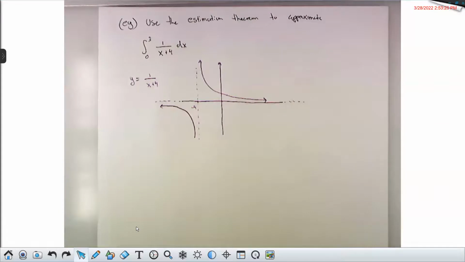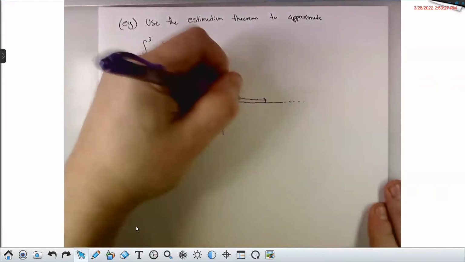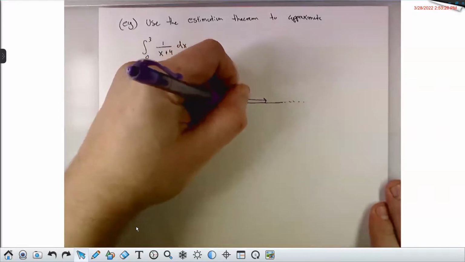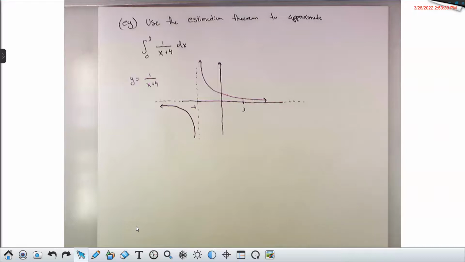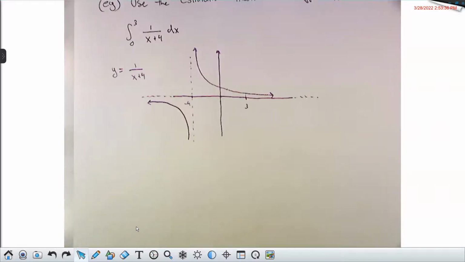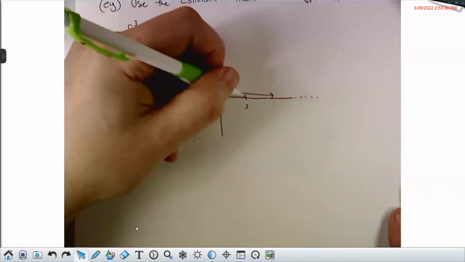So I'm looking for the area from 0 to 3. 3 would be right about here in this picture. So that area I'm hunting for is this area.